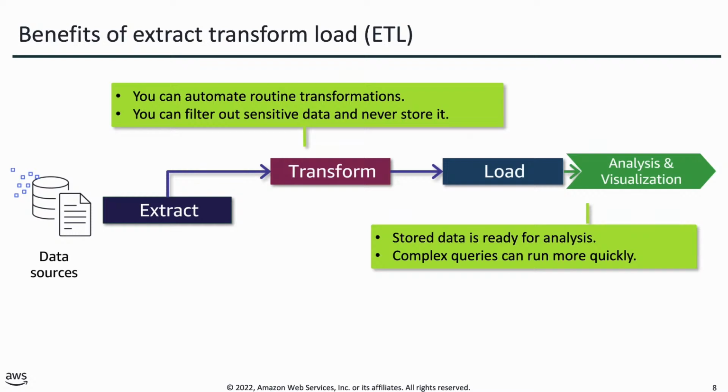So if we think about this, what this means is that ETL stores the data that's ready to be analyzed, so it can save time for an analyst. And if the analyst is going to perform the same transformations on the data all the time, it might be important to incorporate those transformations into the ingestion process. So with ETL, you trade transformation processing time before the data is available for a faster ability to query it.